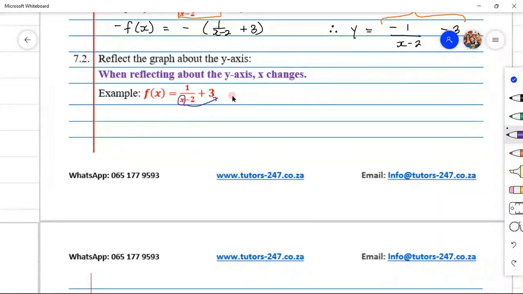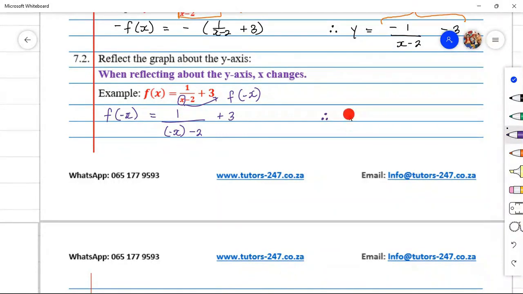So, let's do that. So, we have f of negative x equals 1 over, now wherever we have x, we substitute in brackets negative x, and we write everything else as is.